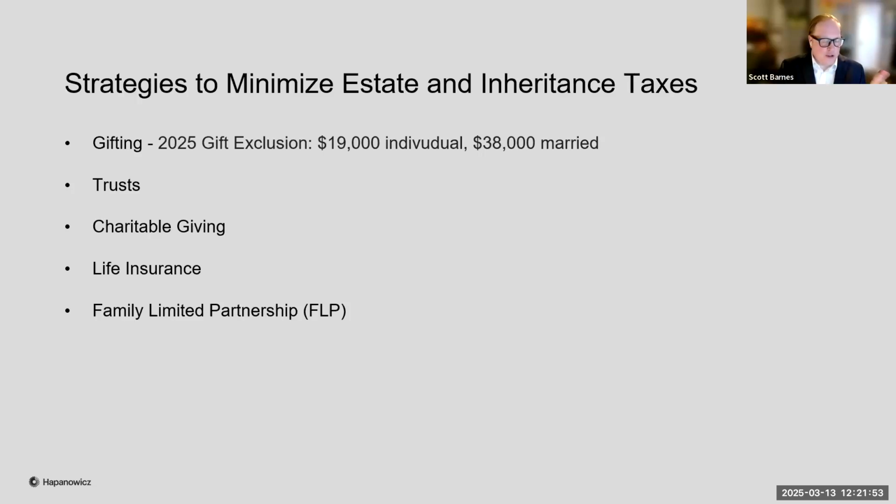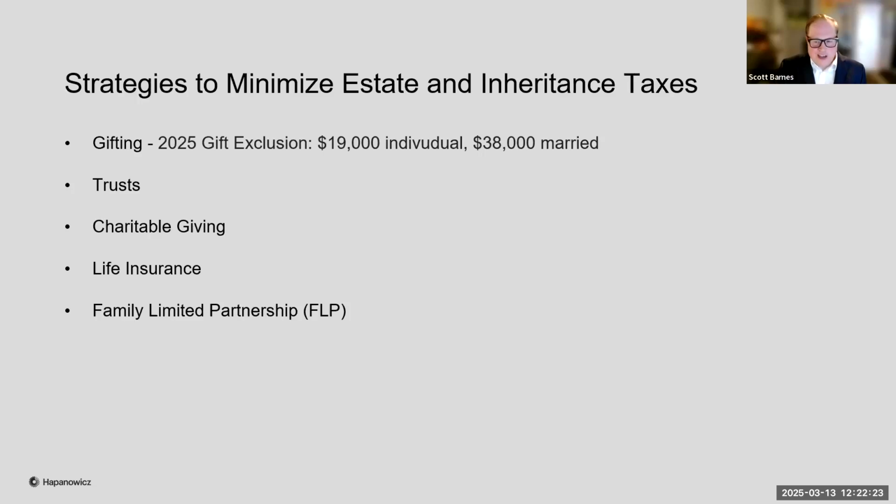So it would be the $100,000 that they gifted minus the $38,000 exemption or exclusion that they had, and that would be $62,000 per each individual for each child, for a total reportable gifts for the family of $124,000 that year. That amount goes against your lifetime exclusion amount. And in 2025, that amount is the same as the estate tax exemption, which is that 13.99 million for an individual or 27.98 million for a couple.